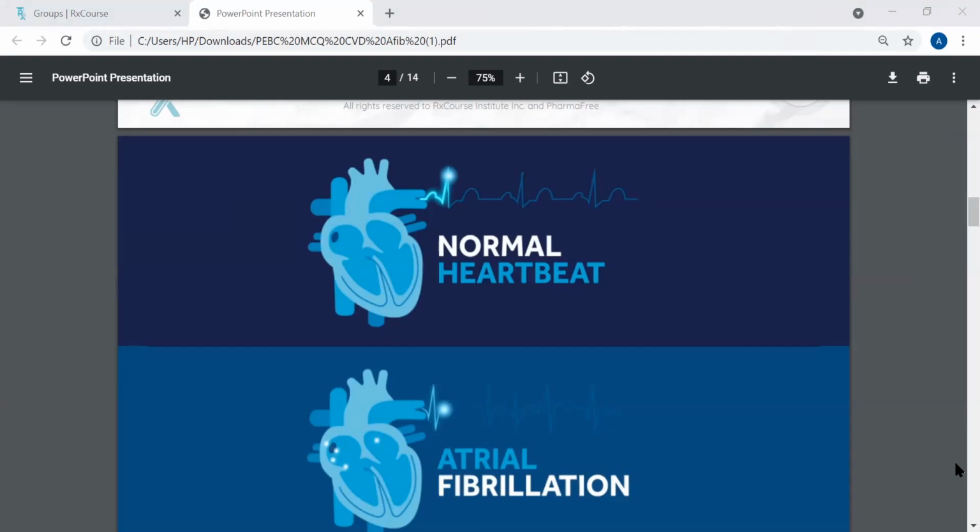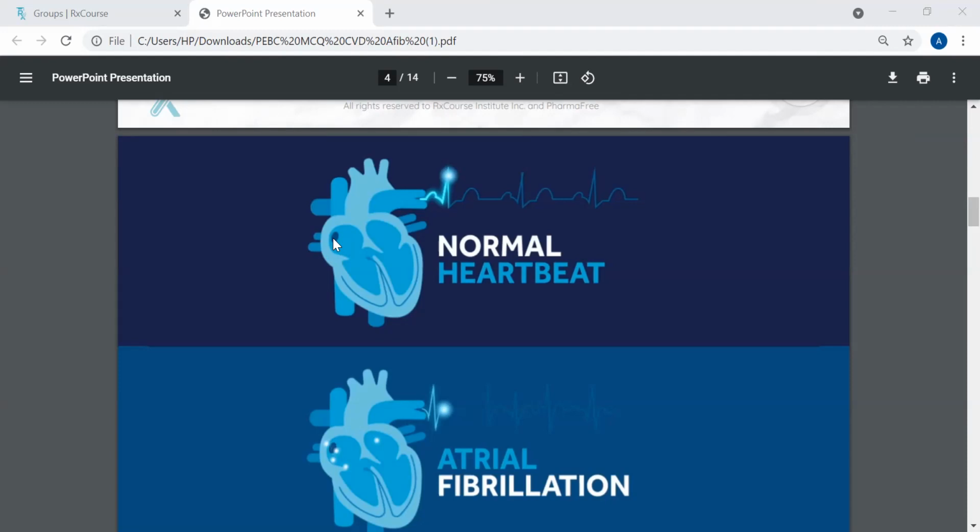Okay, so this is our heart. What happens in a normal heart, how does our heart work? This is called the sinoatrial node, SA node, and this is the pacemaker. This is the controller of the heart.